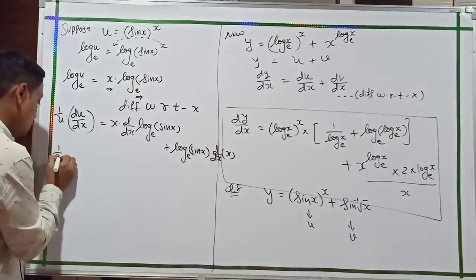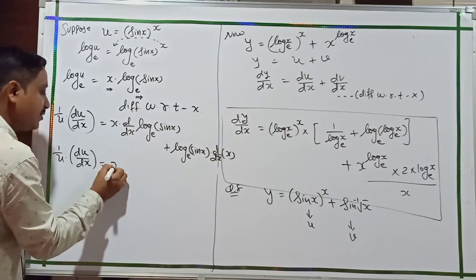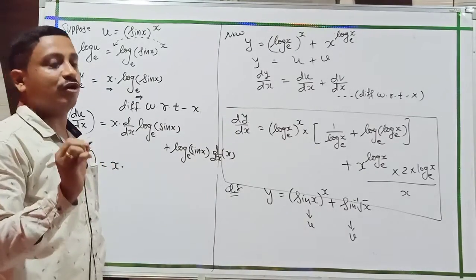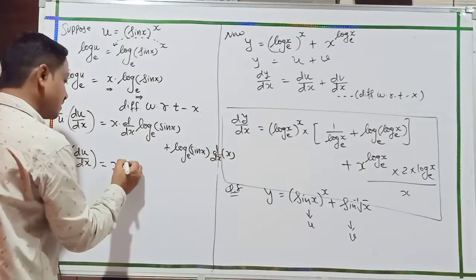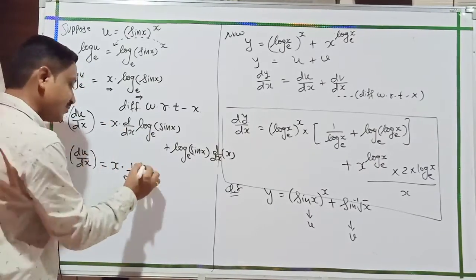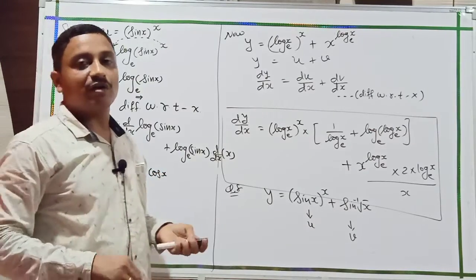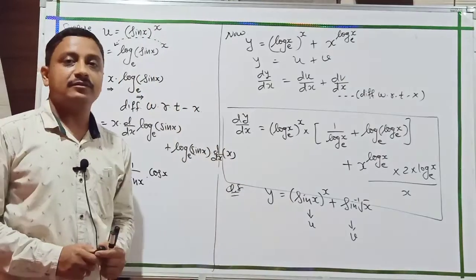So 1 by u du by dx is the same. Now here start your actual formula. The log derivative first, 1 by sine. Now the sine derivative is cos x, and this one part is done.